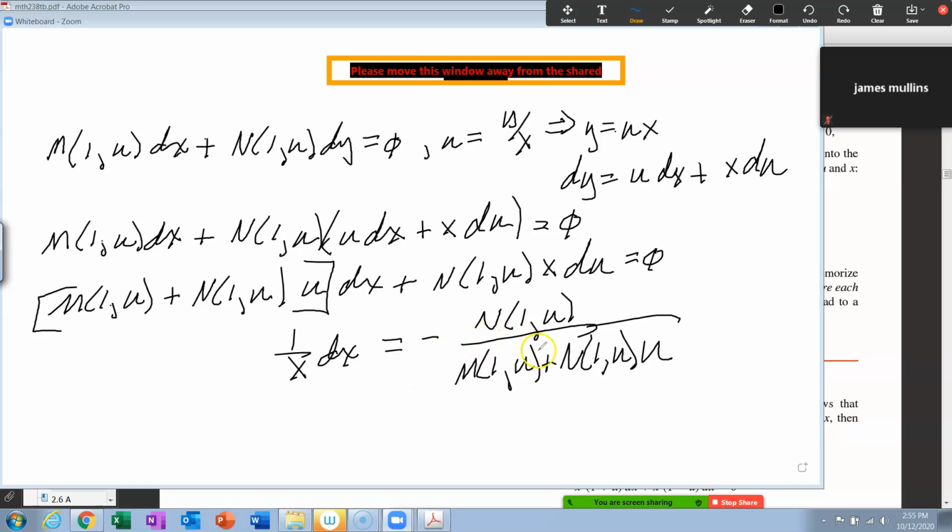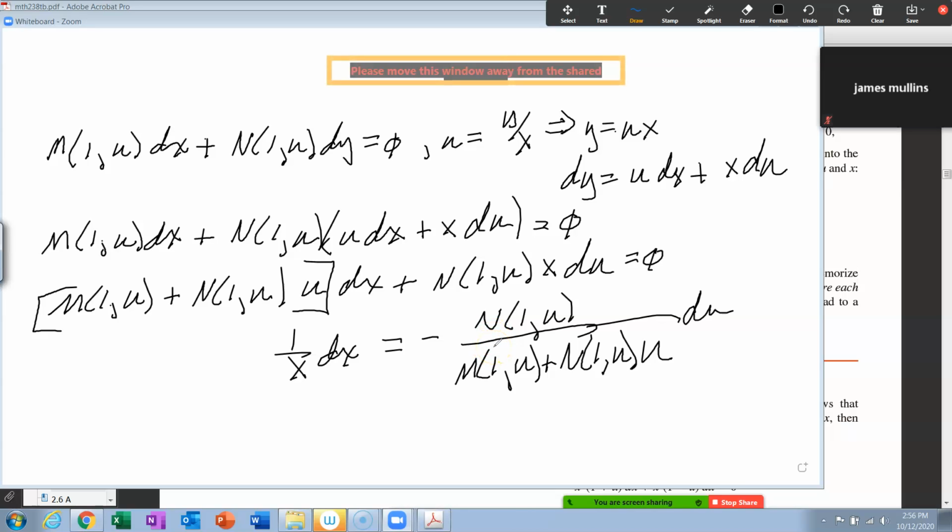Okay? Now, this is a function of x alone here, and this is a function of u alone here. I didn't write my du in here. Should have. Okay. Now, this one is real easy to integrate. Log of x. Okay. This one's not so much.